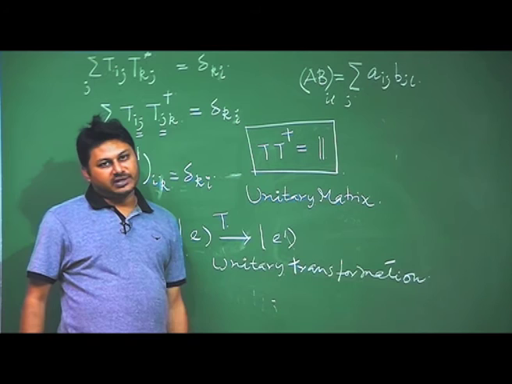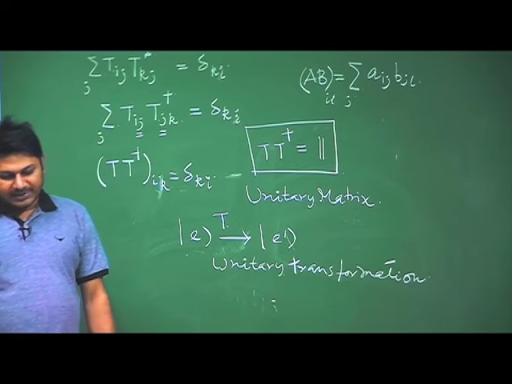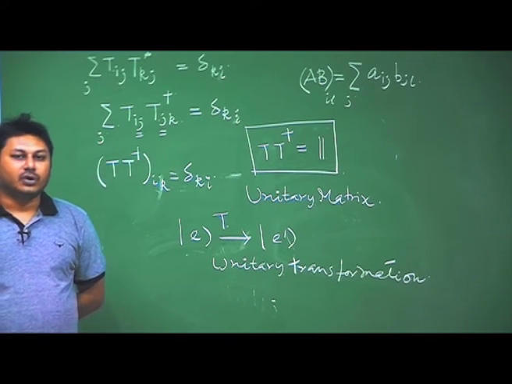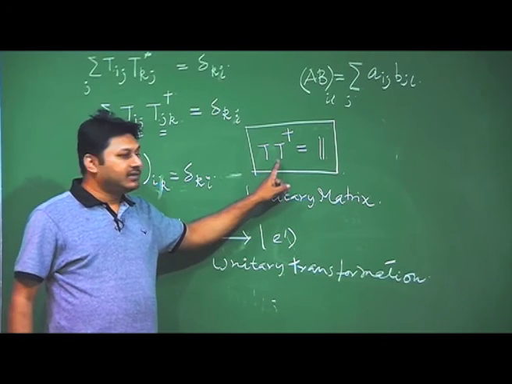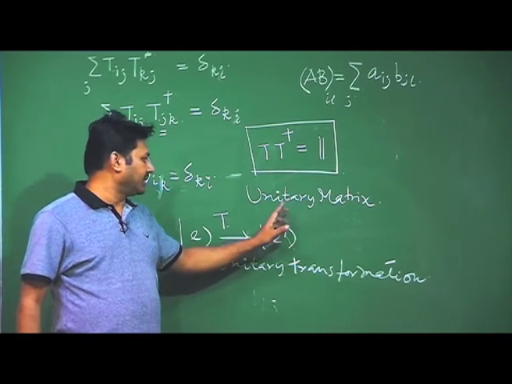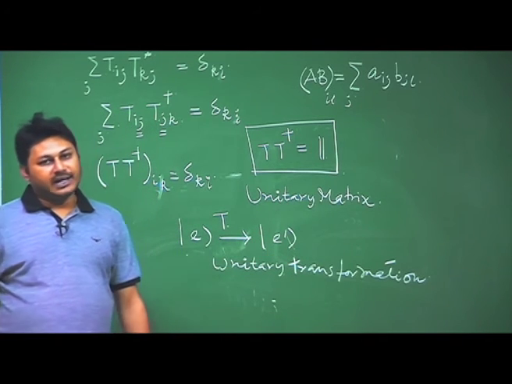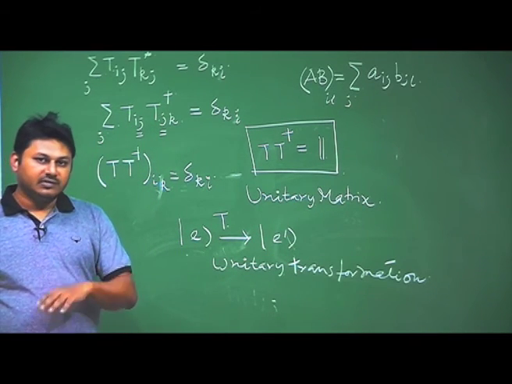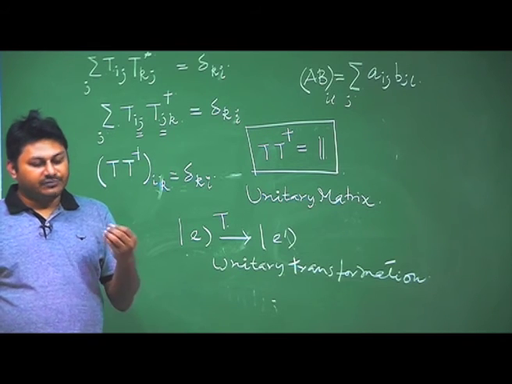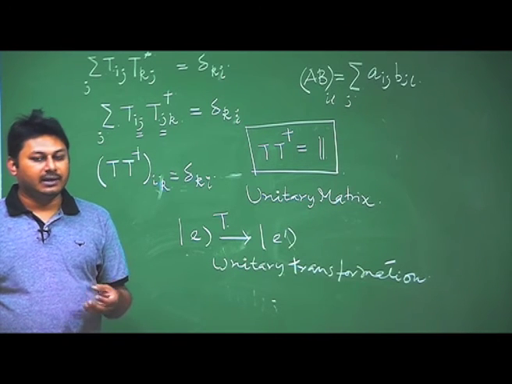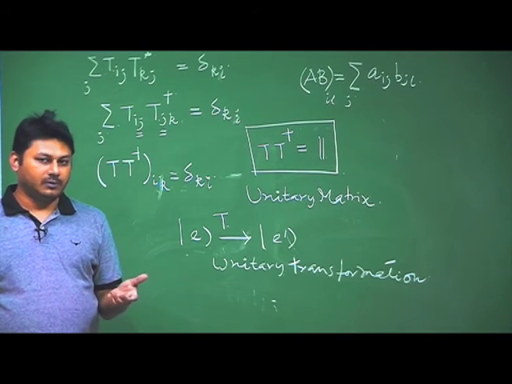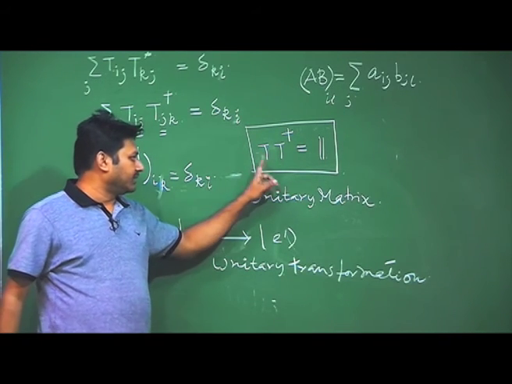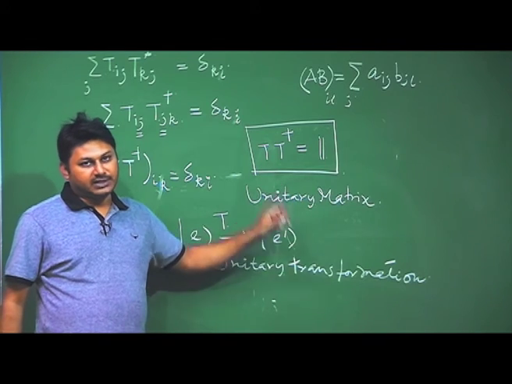This is called the unitary transformation. So the take-away relation is: for a unitary matrix T, if I transform one basis to another basis and my first basis is orthonormal, my final basis will also be orthonormal. The only condition is that my T matrix should be unitary in nature.